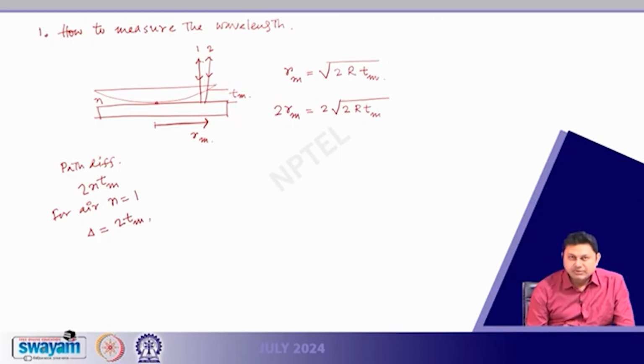Now, for dark ring, we are talking about the dark ring because it is easier to calculate, that this path difference plus this change of phase which leads to another path difference delta r, this is the total path difference. If it is lambda by 2 integer multiple of, then we have destructive interference, dark rings. So, delta r is a path difference due to the phase difference of pi.